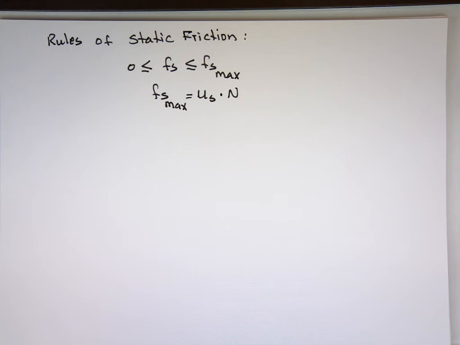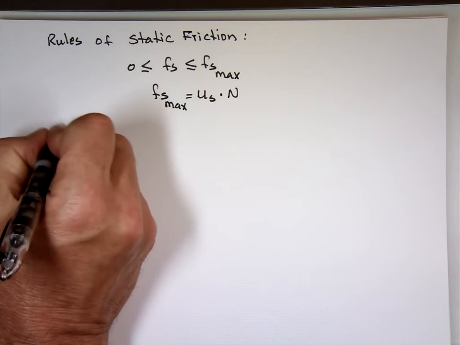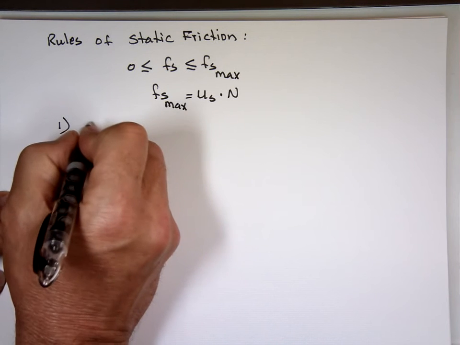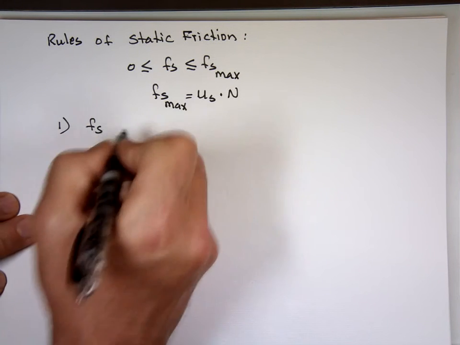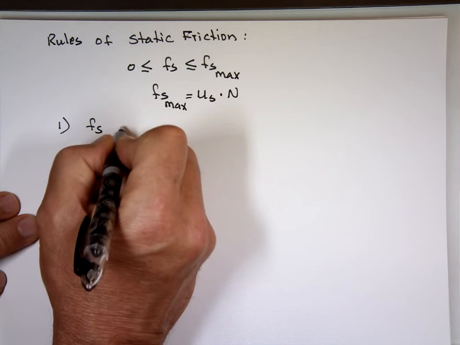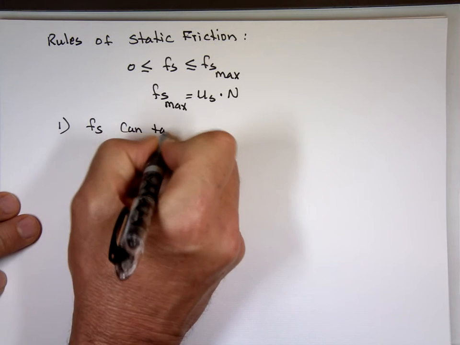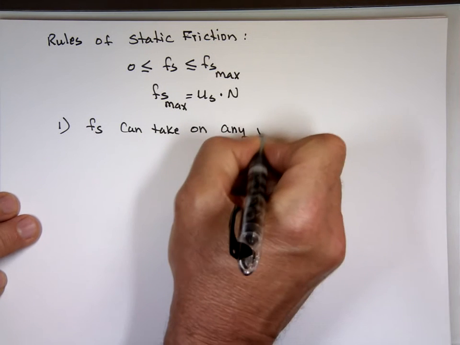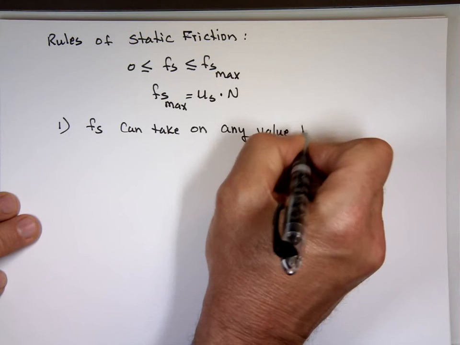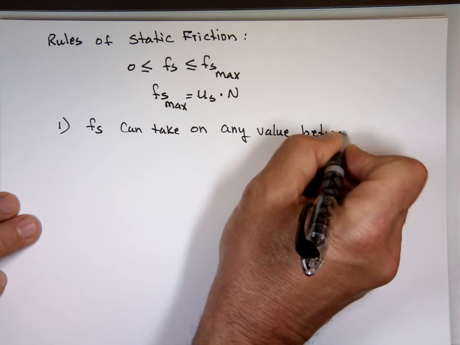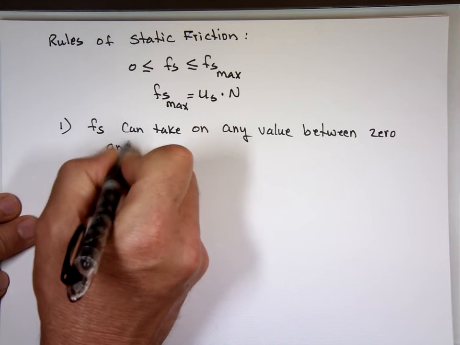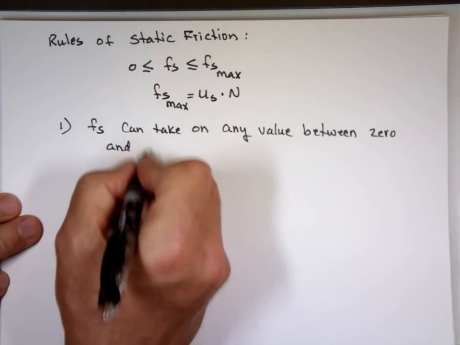So looking at these equations, rule number 1 tells me that the static friction F of S can take on any value between 0 and Fs max. Could be any number.